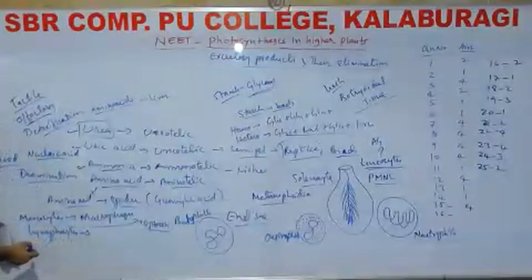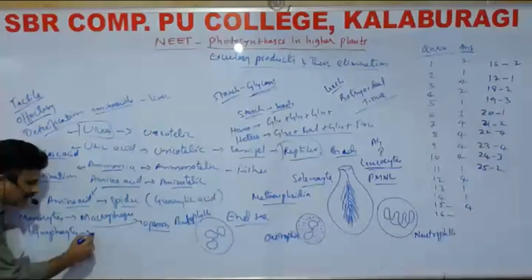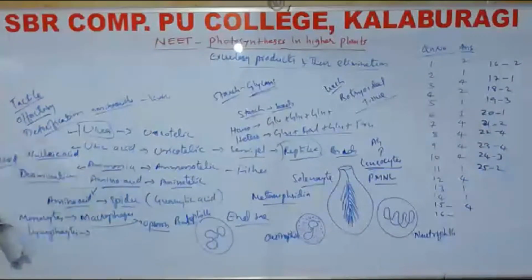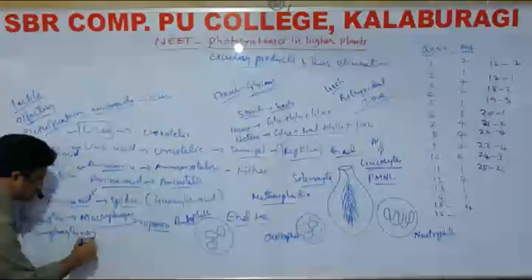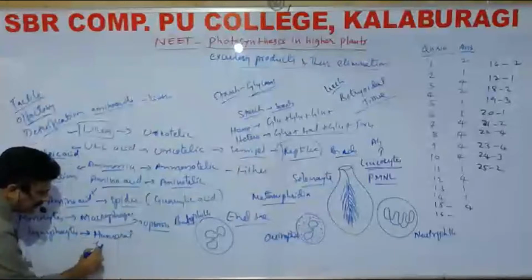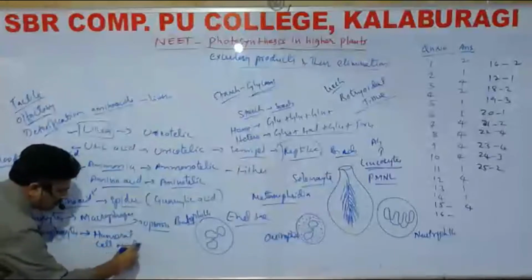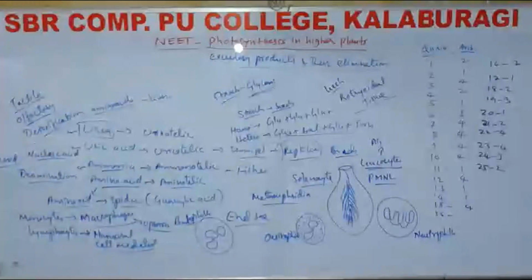Likewise, the lymphocyte cells are the other type of agranular leukocytes. These lymphocyte cells play a vital role in humoral immunity as well as cell-mediated immunity.